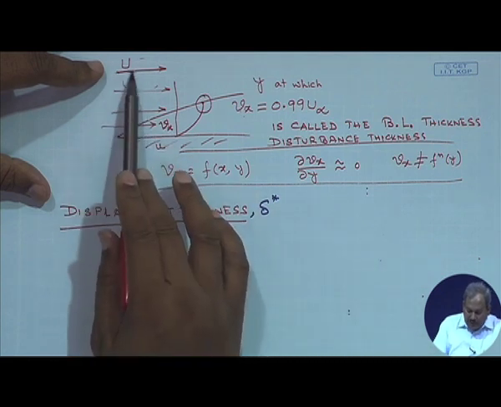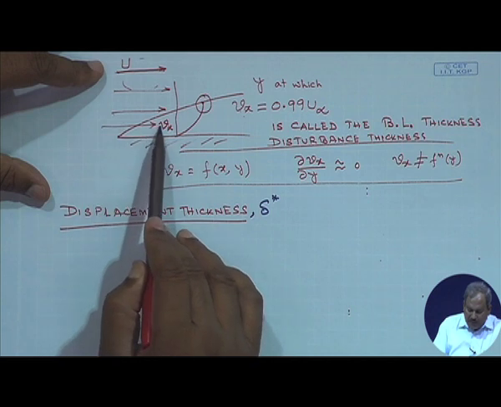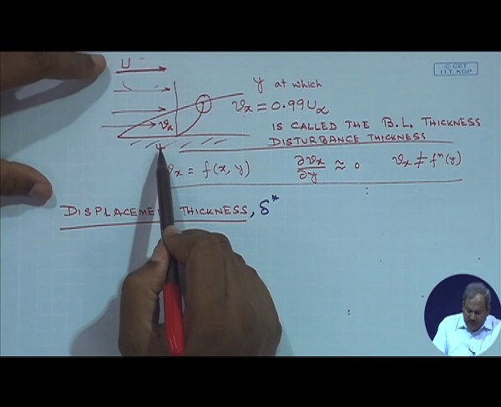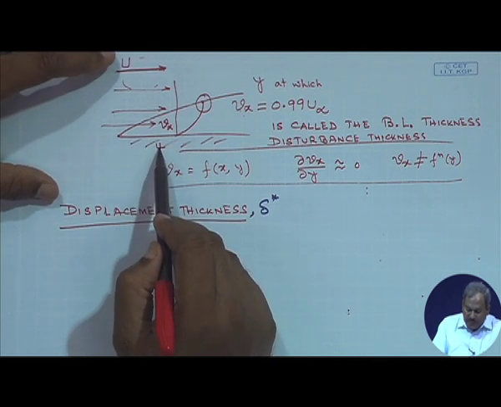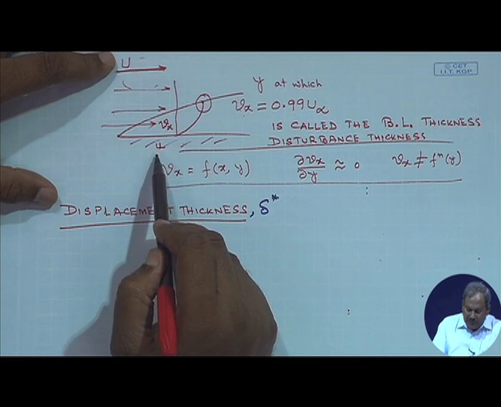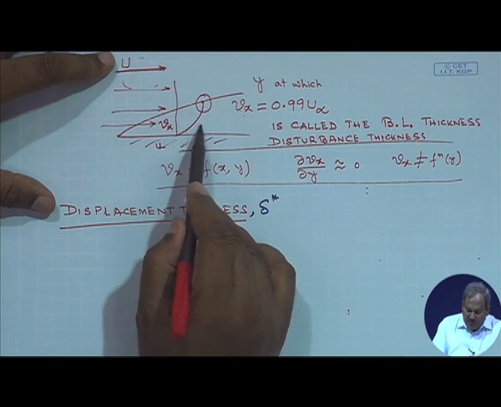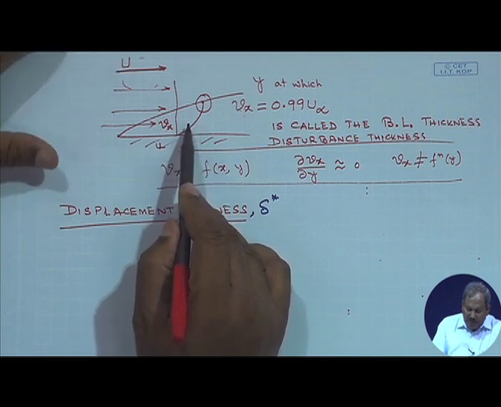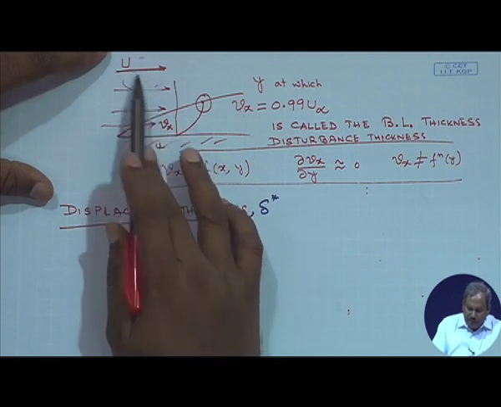So over here the fluid is moving with capital U, over here the fluid is moving with Vx or small u, and small u is definitely less than capital U. The flow inside the boundary layer is less than the free stream condition. So the amount of mass which travels through the boundary layer is less than that of the free stream.